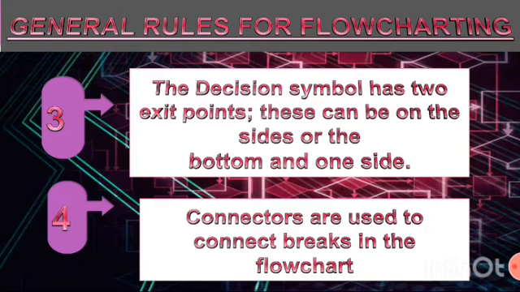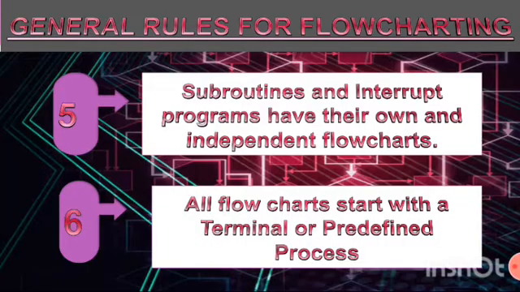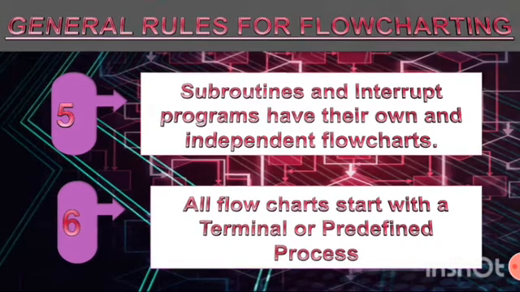Fourth, connectors are used to connect blocks in the flowchart. Fifth, subroutines and interrupt programs have their own and independent flowcharts. Sixth, all flowcharts start with a terminal or predefined process.